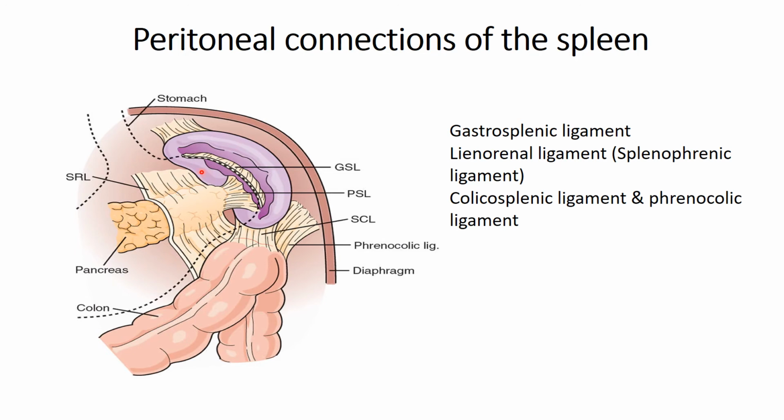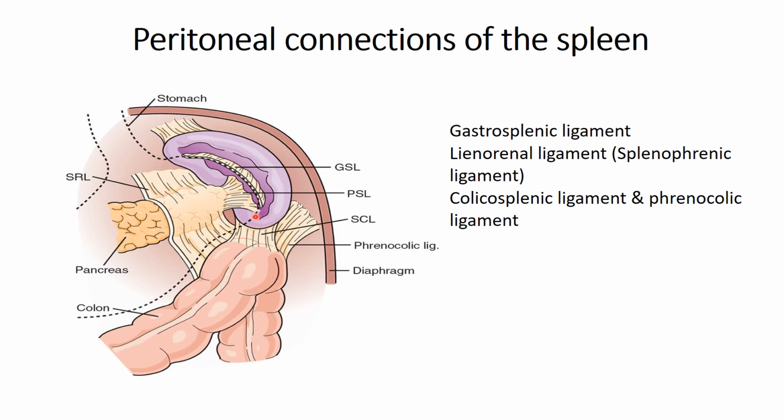Now this peritoneal reflection also passes from just behind the hilum of the spleen backward onto the left kidney as the lienorenal or splenorenal ligament, and a part of this, much backward and laterally, connects it to the diaphragm also, and this is known as the splenophrenic ligament.